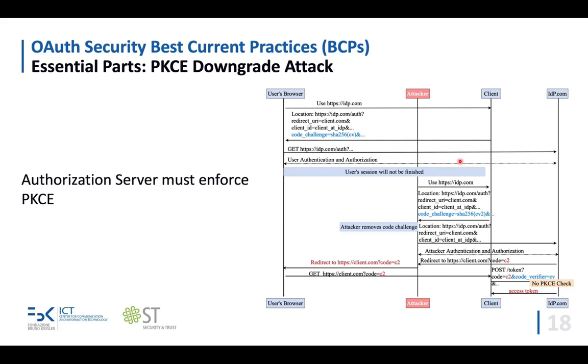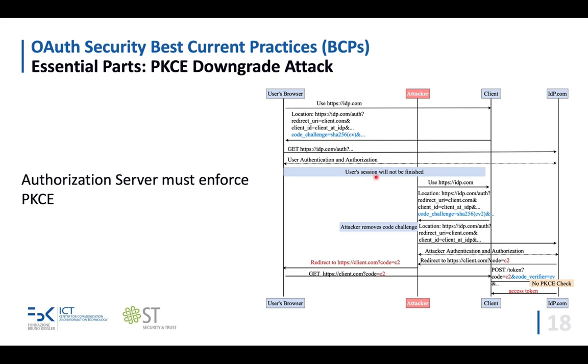So what's happening here is that, consider that the user starts an authorization process with one of the clients of the IDP, and when he performs the authorization and authentication, and is waiting for the authorization response, the attacker can hold the user session here.